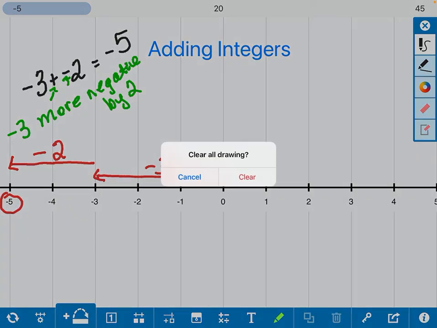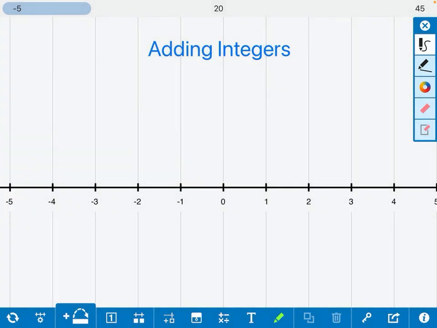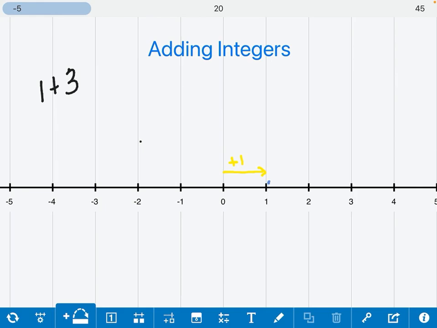Let's do one more. Well, at least one more. Let's do 1 plus 3. Now you're going to say, Miss Johnson, we already know what that is. That's 4. Yeah, you already know what it is. Let's just look at it on the number line, okay? So 1 plus 3, right? So our plus 3, 1, 2, 3.